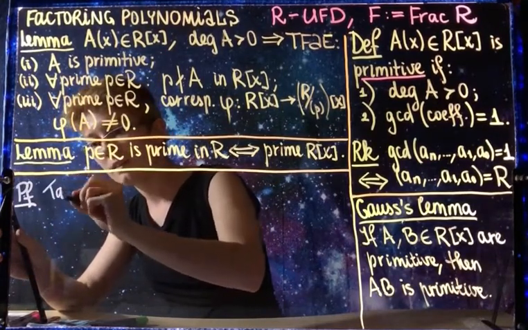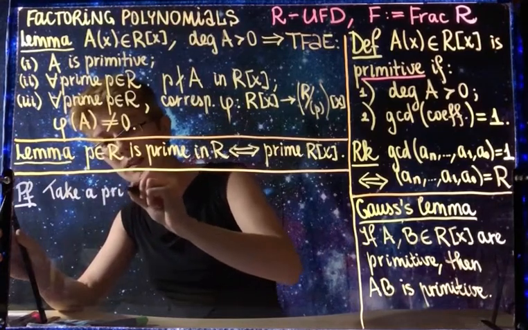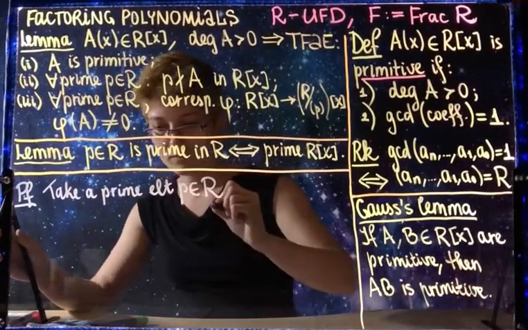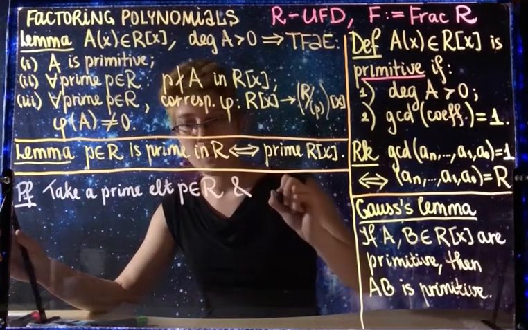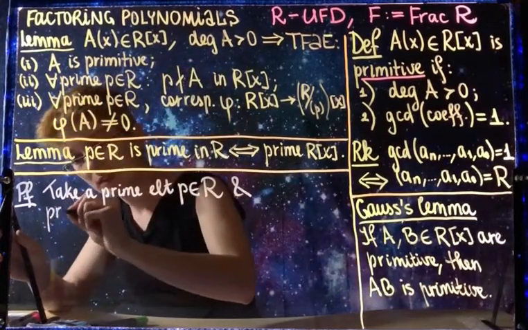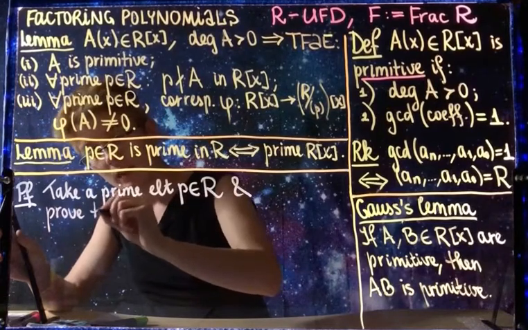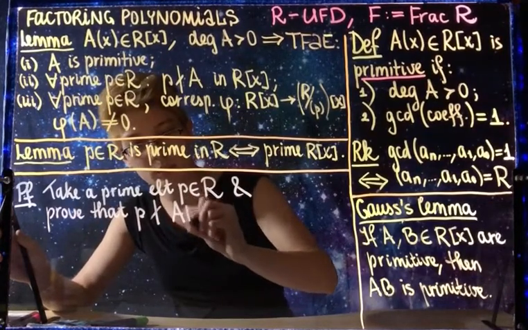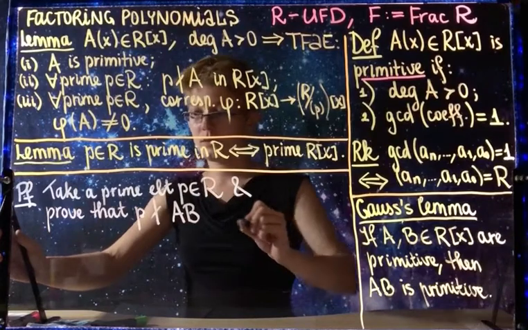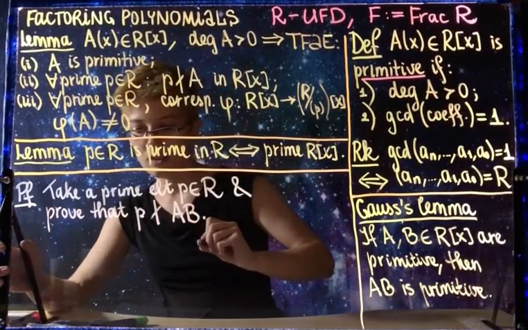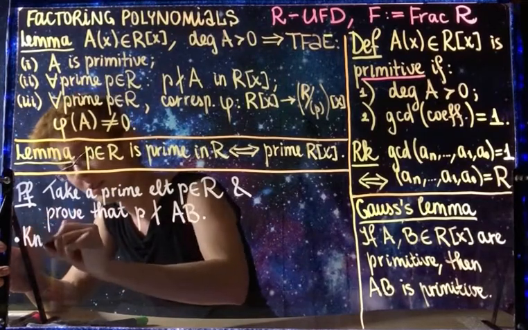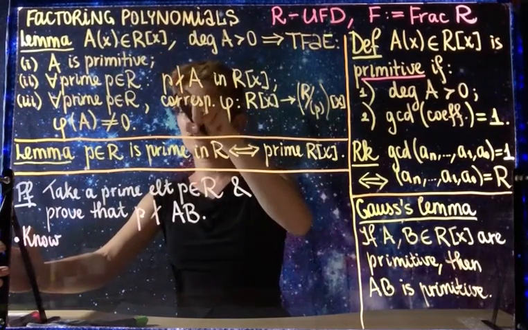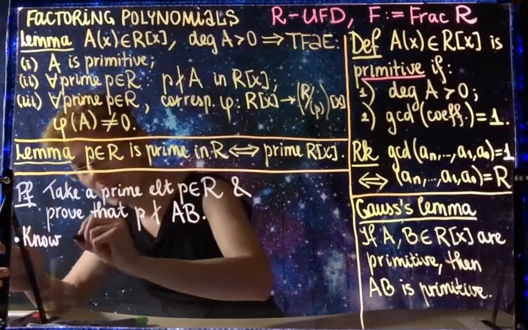And I will prove Gauss lemma by taking a prime element of R, I call it P, and proving that P does not divide the product A times B. So, because A and B are primitive, we know that a prime element does not divide either of them.